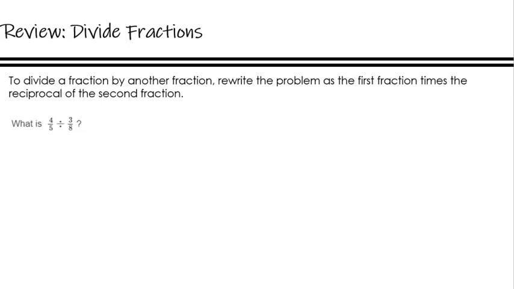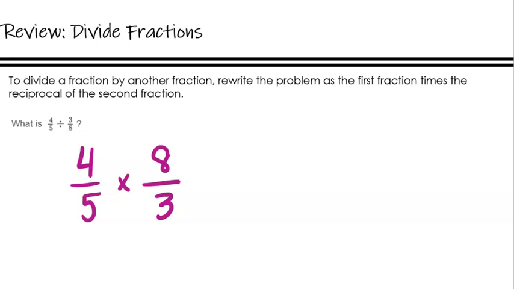First, let's review. To divide a fraction by another fraction, remember in our last video, we learned that you can take your first fraction and multiply it by the reciprocal of the second fraction, which means my 8 and my 3 switch places.